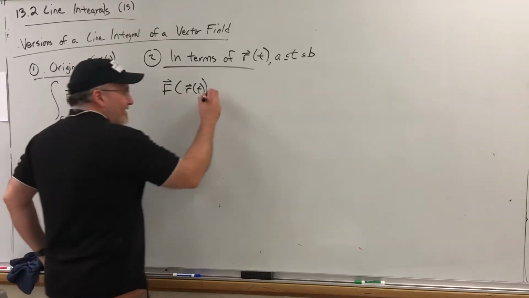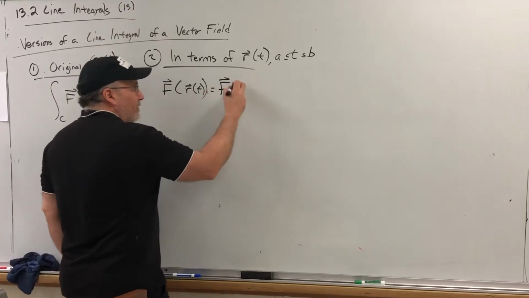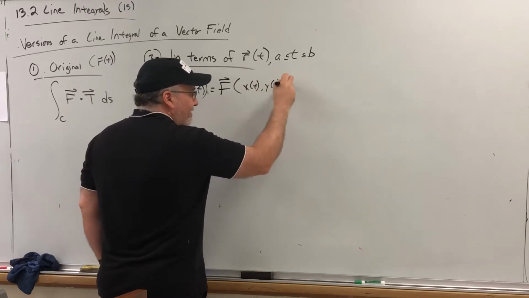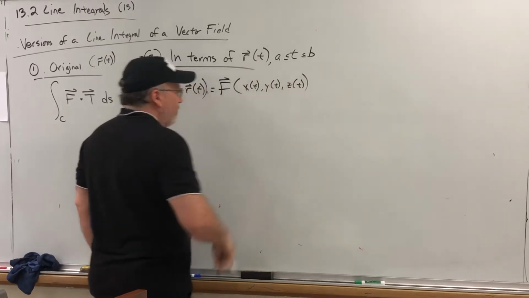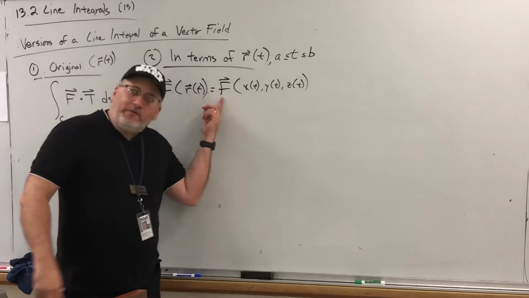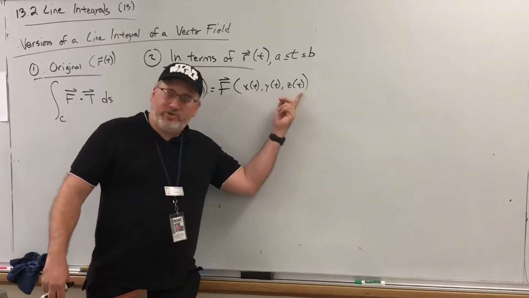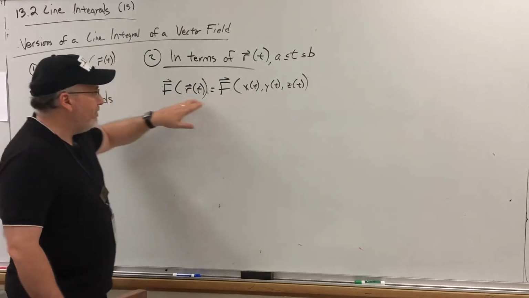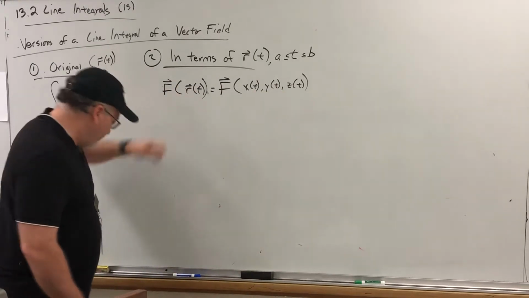When I say this, I mean the vector field evaluated at x(t), y(t), z(t). Because remember, the vector field is just a function that says, give me your three inputs and I'll return a vector. Well, in this case, the three inputs would be the component functions of our position.